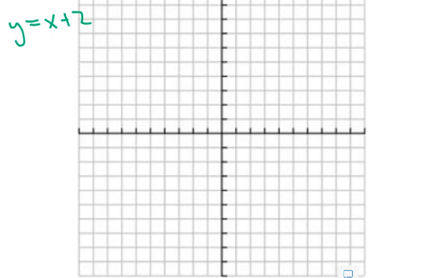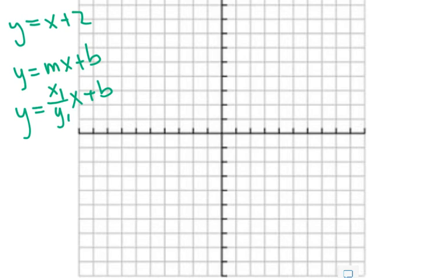What we should notice is that this is in slope-intercept form, mx plus b. Or as we learned in class, it's y sub 1 over x sub 1 times the x, plus the b. And remember, those letters each stand in for numbers, except for this y and this x.